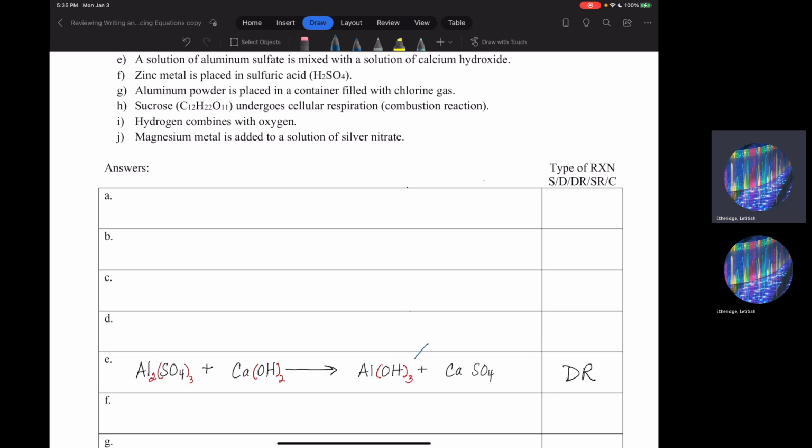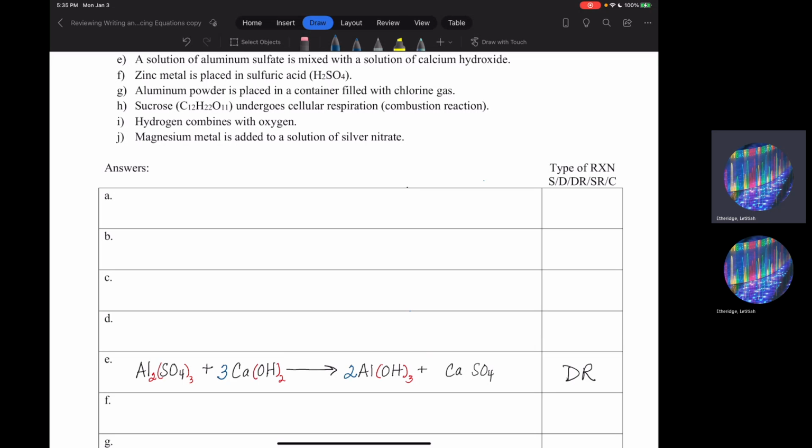If you take a look, I have a 3 on my hydroxide. I have a 2 on that hydroxide. When I see a 3, I'm going to put a 2. When I see a 2, I'm going to put a 3. That's going to start us down this road of balancing. Hopefully you guys remembered that rule. All right, now let's get to balancing the rest.